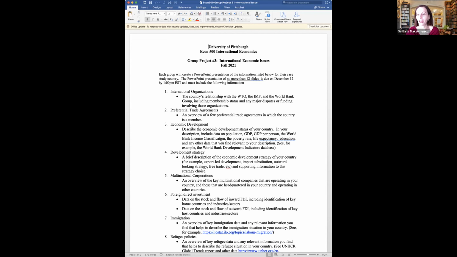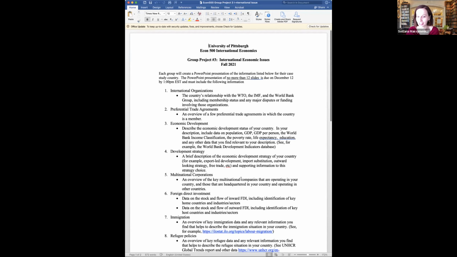They identify the economic development strategy of their country. They offer some opinion why the country is classified within a certain income group and what development strategy it uses to improve its macroeconomic condition and stability.